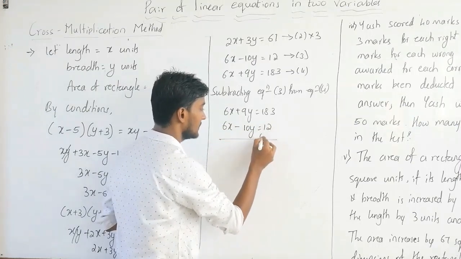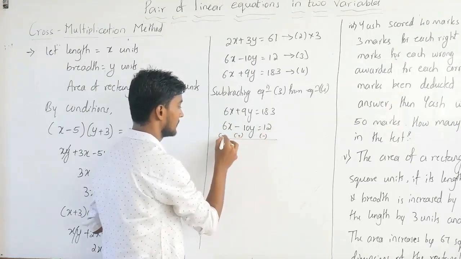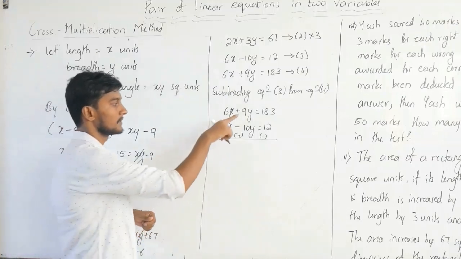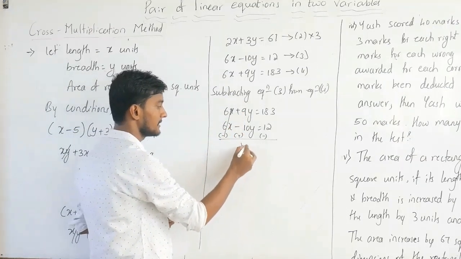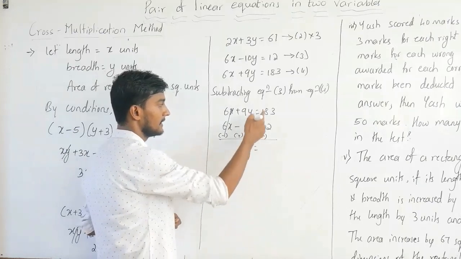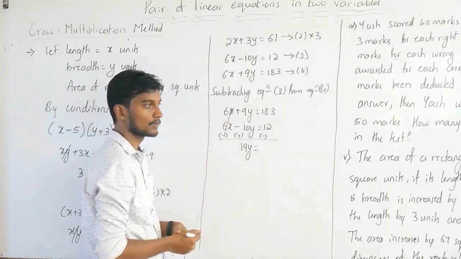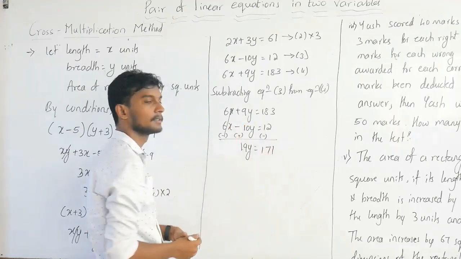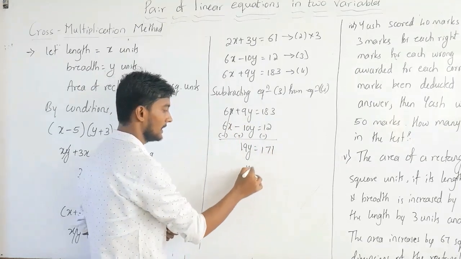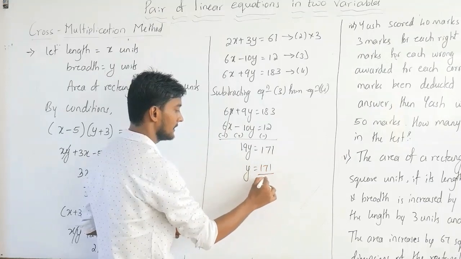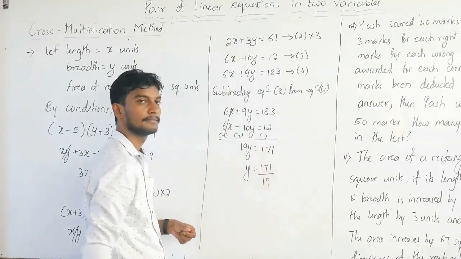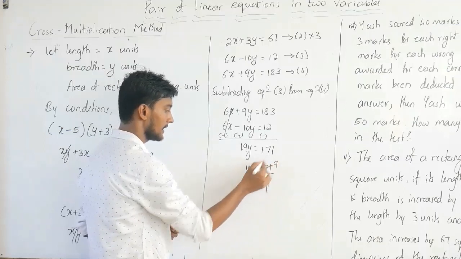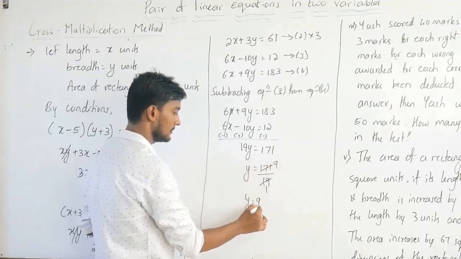If you are subtracting, change this sign. So the 6x terms get cancelled. So 9y plus 10y, it is 19y is equal to 183 minus 12, which is 171. y is equal to 171 divided by 19. 19 nines are 171. So y is equal to 9.